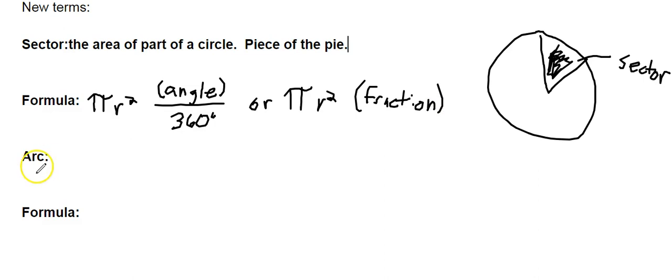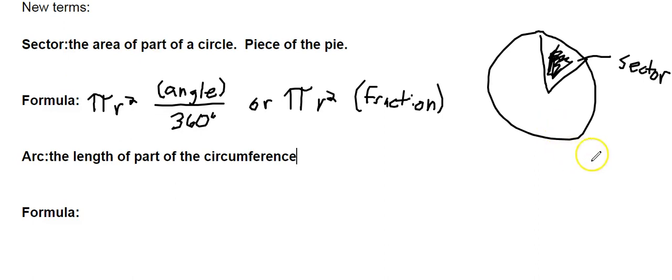An arc is going to be very similar. We're going to start with the whole thing. An arc is the length of part of the circumference. So if I'm back here on our little diagram, this right here would be the arc length. The outside is the arc.